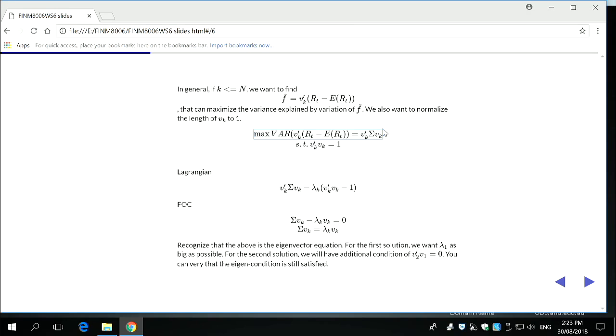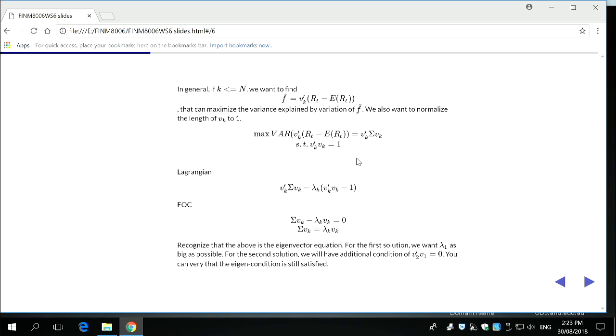And we know that this is just v prime k times this sigma, which is variance of rt minus expect rt, times the vk. Right? And let's put a constraint that the length of vk equal to 1.